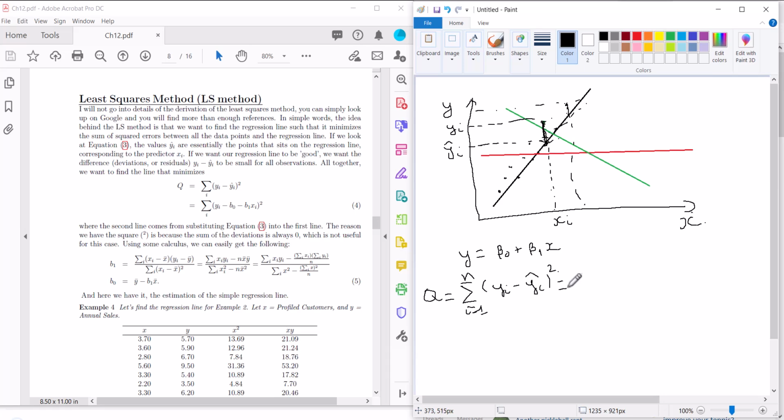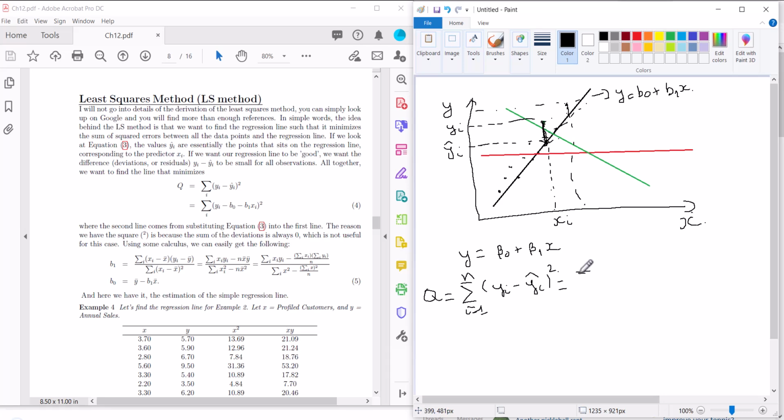Now, this prediction here is actually the value of xi on this line. So let's call this line here, we give it the equation: y equal to b0 plus b1 x.